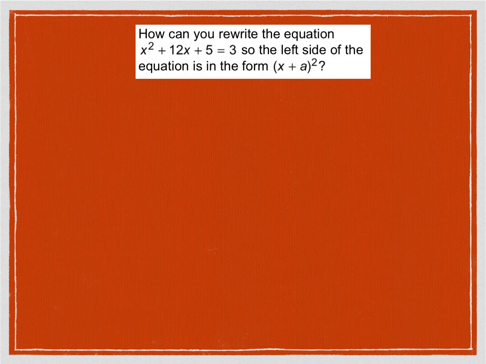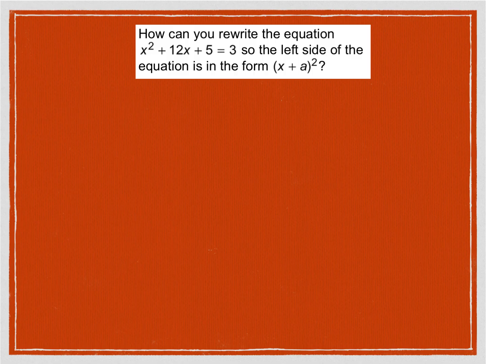This one they're saying, how can you rewrite the equation x squared plus 12x plus 5 equals 3? So the left side of the equation is in the form x plus a squared. So this is where completing the square is the only way for you to answer this, because the left side, when you're completing the square, is x plus b over 2, and then squared.